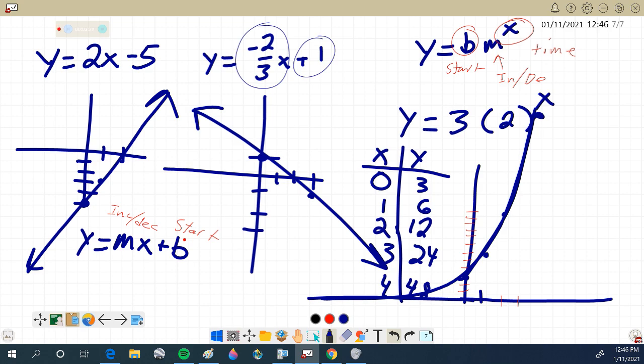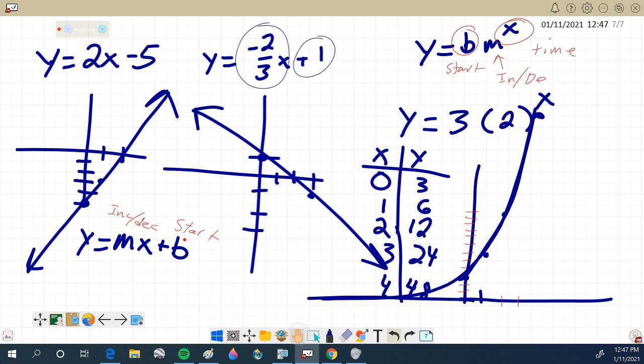Why is it curving taller and taller and taller? I'm doubling. So the first day I went from 3 to 6, so I increased $3. The next day I went from 6 to 12, so I increased $6, and then $12, and so on. So I'm increasing at an increasing rate. And that's how exponential equations work. You're always going to get steeper and steeper and steeper.